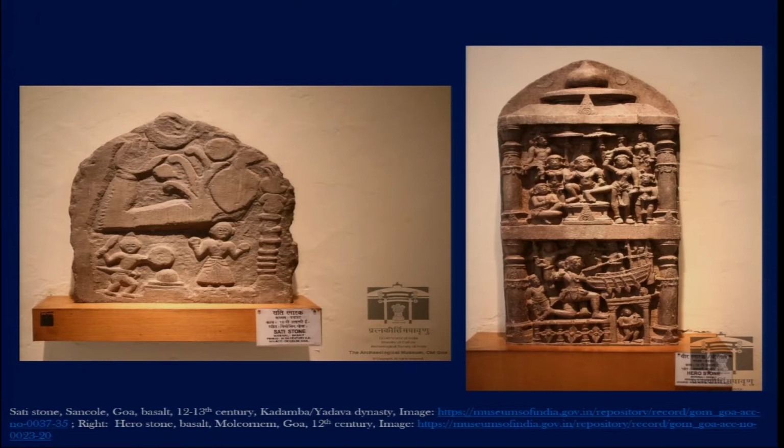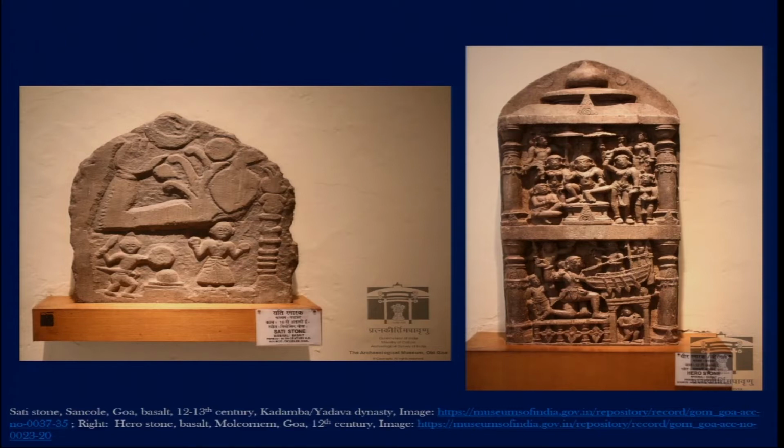So for that reason we can also imagine that this warrior figure that we have here, and then there is this other figure, perhaps a woman figure, perhaps a miniature version of the person who died, or maybe an attendant figure, that all of them are presented as part of the Sati stone.